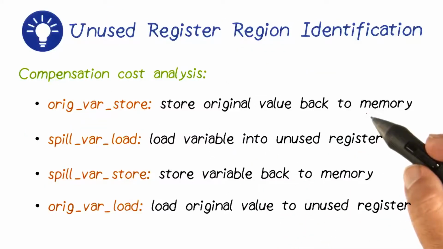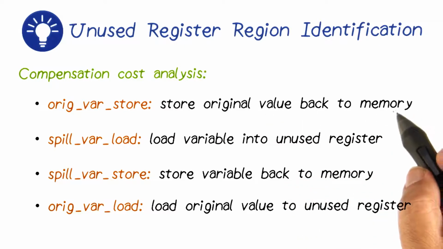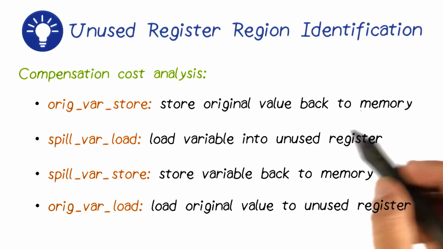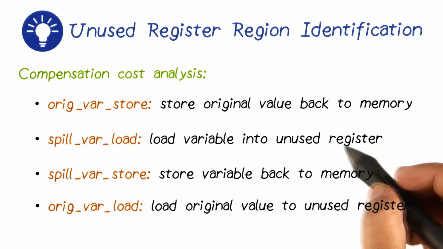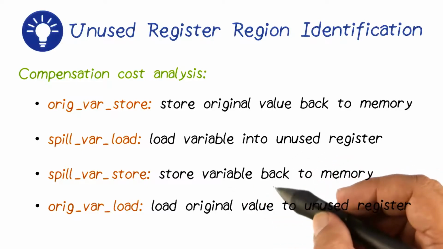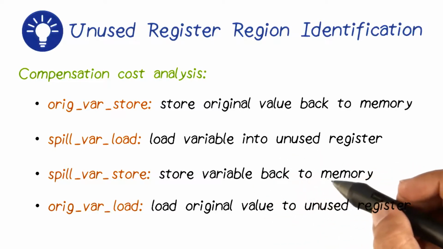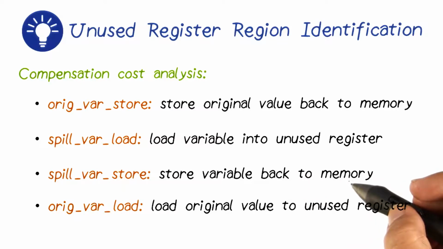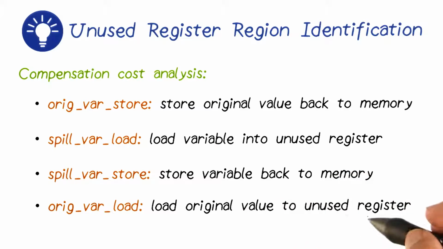As mentioned earlier, the unused register allocation has one more facet attached to it in terms of compensation code. We need to store the original value to the memory to free up a register here. We need to load the variable into this unused register during the region. Finally, we need to store this variable which we allocated this register back to memory at the end of this region, and then restore the original value to the unused register.